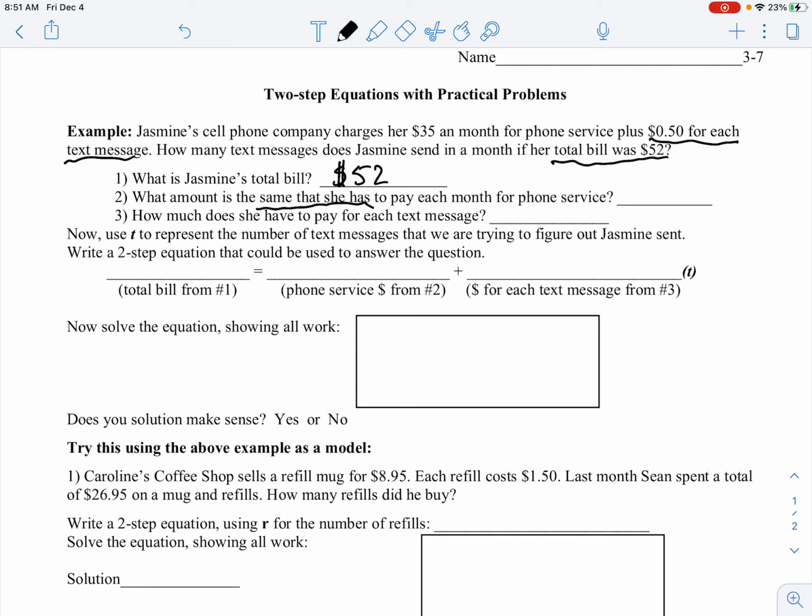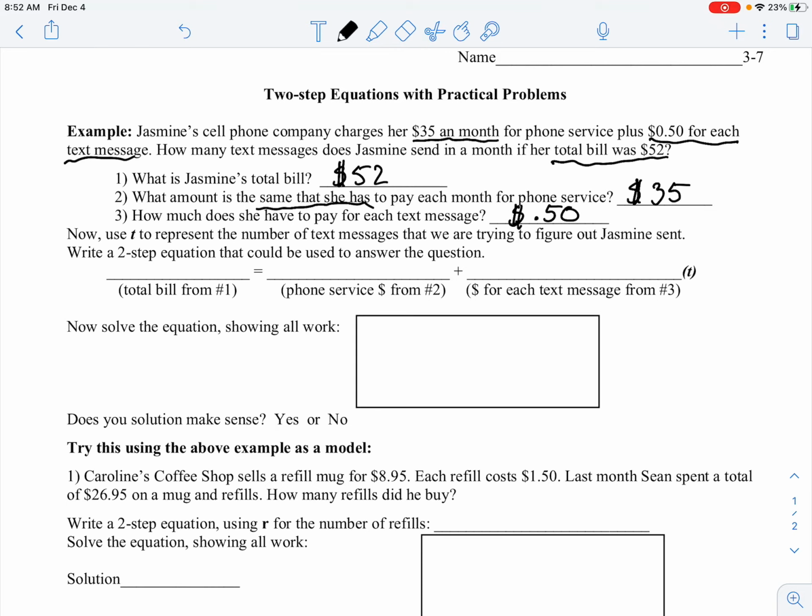So if we take another look, we get that information here, $35 per month. So the total that she has to pay for service is $35. And then how much does she pay for each text message? Well, the last bit of info there, she's paying 50 cents per text message.